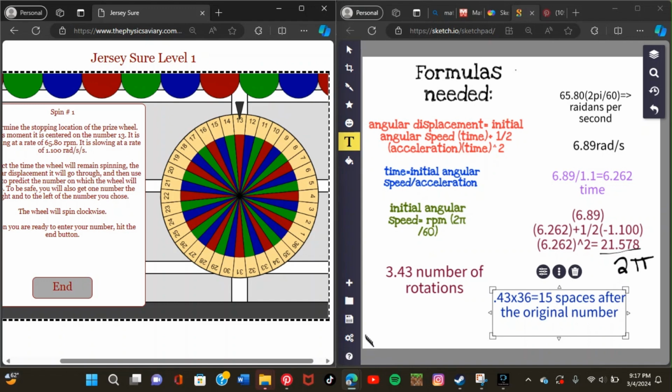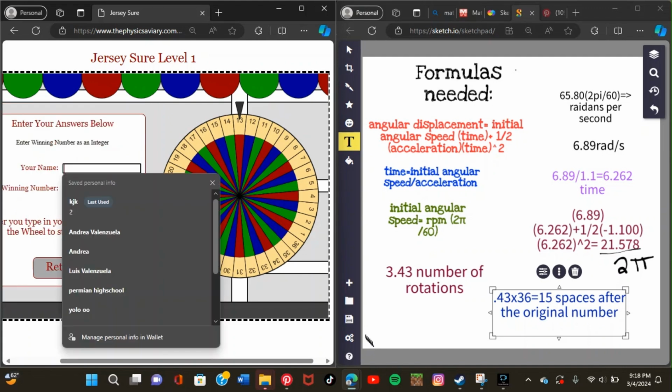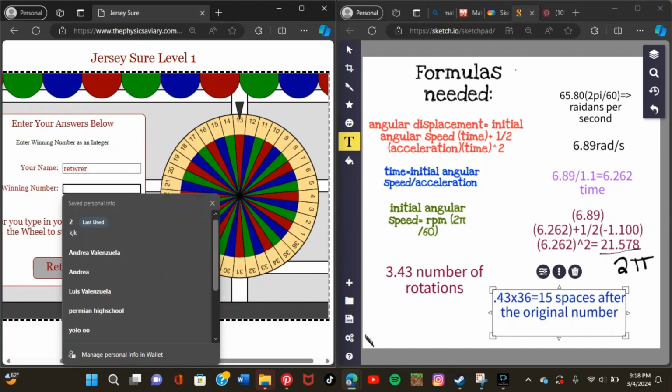Oh yeah, this is right. We count backwards. So 1, 2, 3, 4, 5, 6, 7, 8, 9, 10, 11, 12, 13, 14, 15. So it's gonna be around 28, 29.